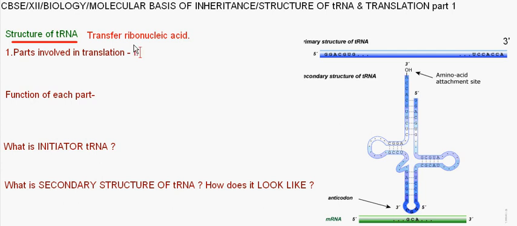First one is the anticodon arm or anticodon loop, and the second one is the amino acyl arm or loop. Now, how are they involved in translation?